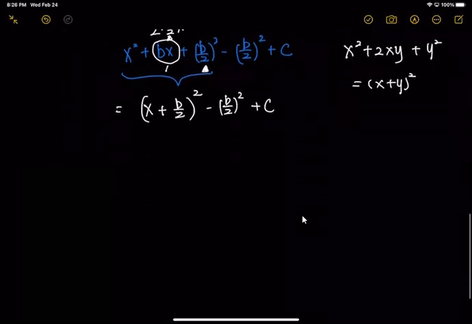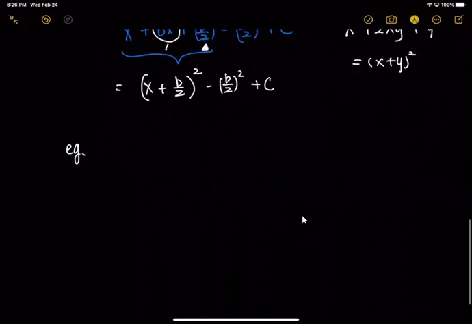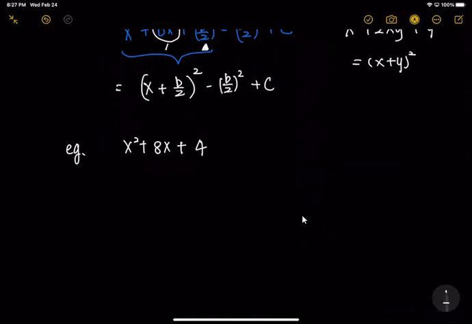Okay, now let's use an example. So we have x squared plus 8x plus 4. How do I complete the perfect square? So we have b equals 8, c equals 4.